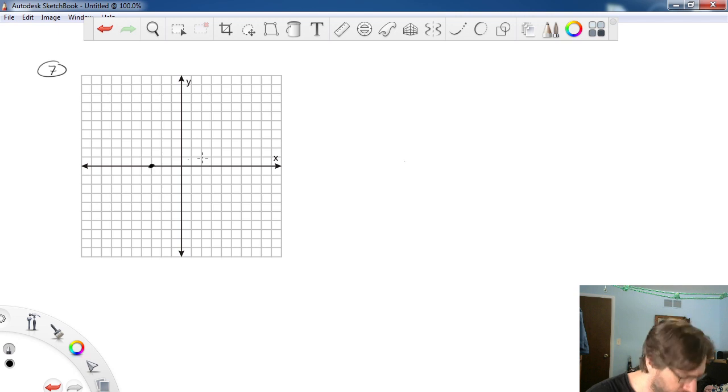Looks like that point. Looks like 1, 2, 3. Looks like that point. And we're up 1, 2, 3, 4. Looks like that point.